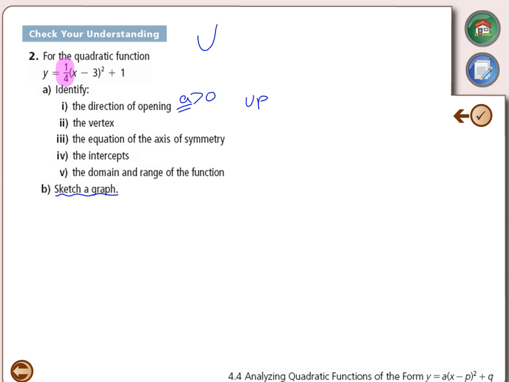The vertex, hey, we can jump straight to the vertex really quick, very easy. It's the P, comma Q. The P is, it says x minus 3, but that negative's already in the equation. It's the additive inverse. It's 3, comma 1.